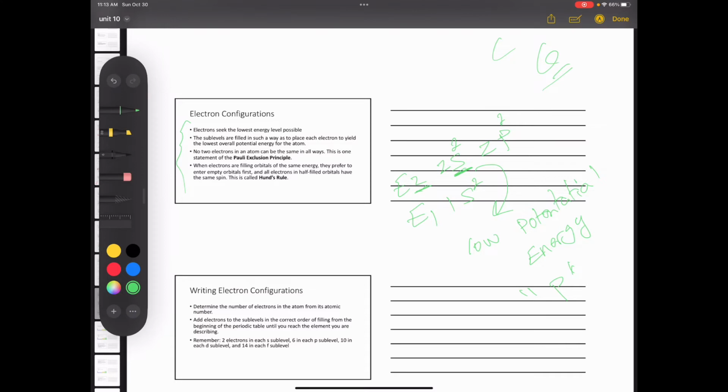No two electrons in an atom can be the same in all ways, as I said earlier. So if the electron is sitting in the same principal energy level, in the same sublevel, in the same s orbital, for example, the Pauli exclusion principle dictates that this second electron has to be different in some way than the other electron sharing the same orbital.